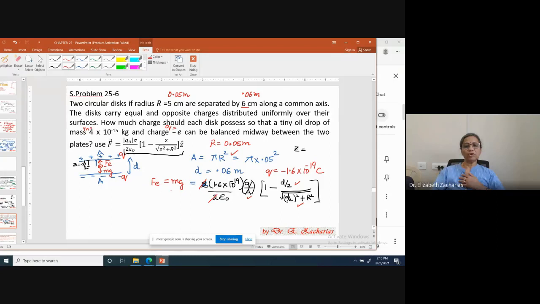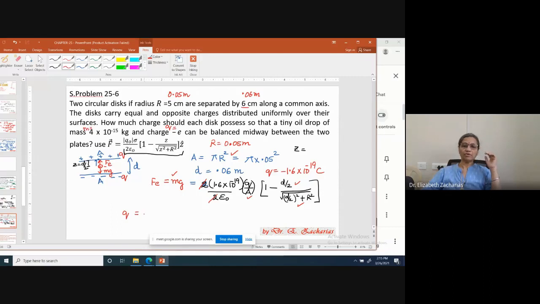And on this side, what do I know? I know my M, because mass is given. So substitute and then get Q. Just find Q. Bring everything else to the other side of the equation. That's all.